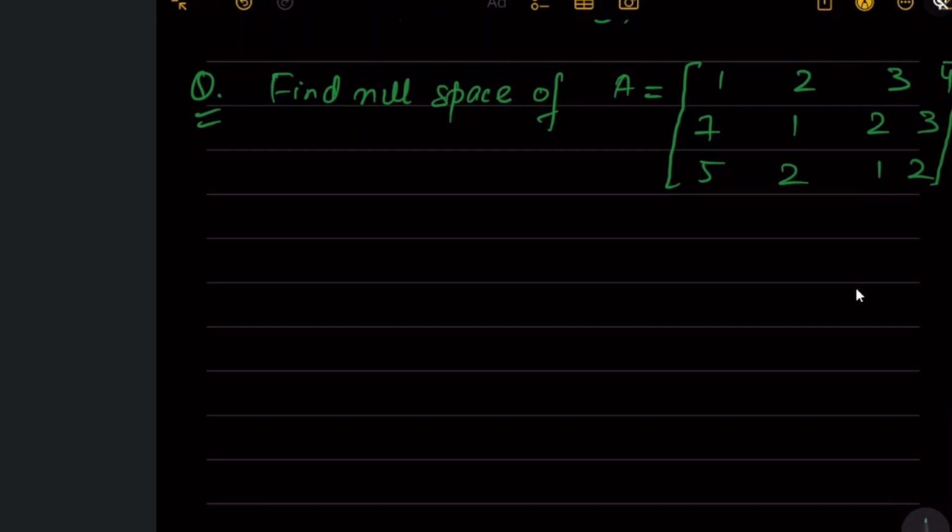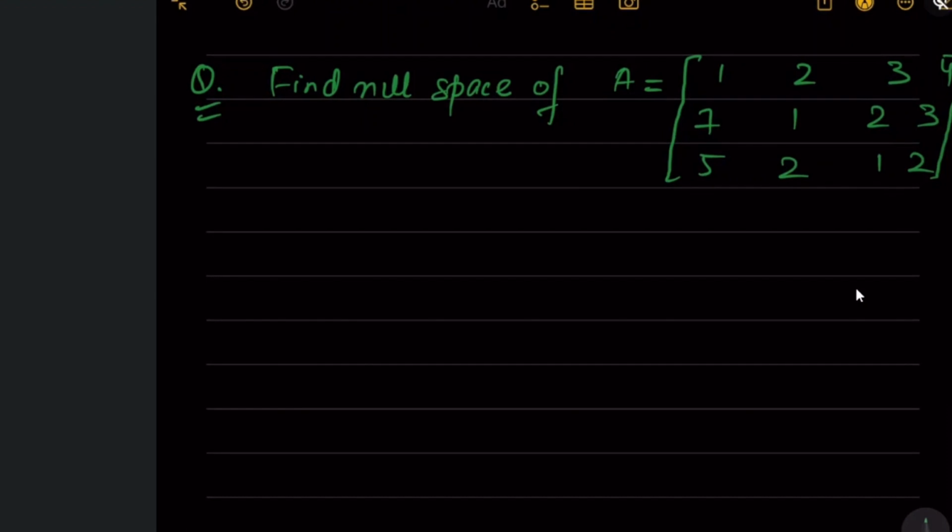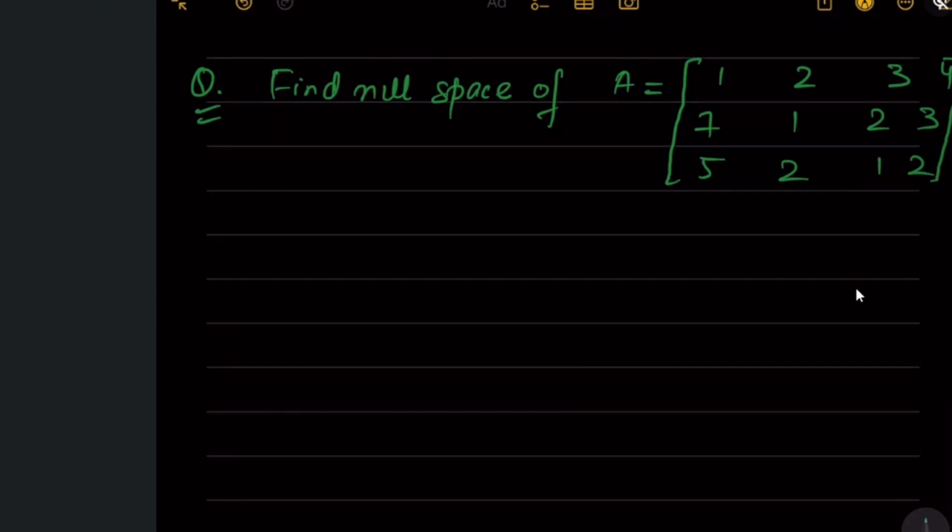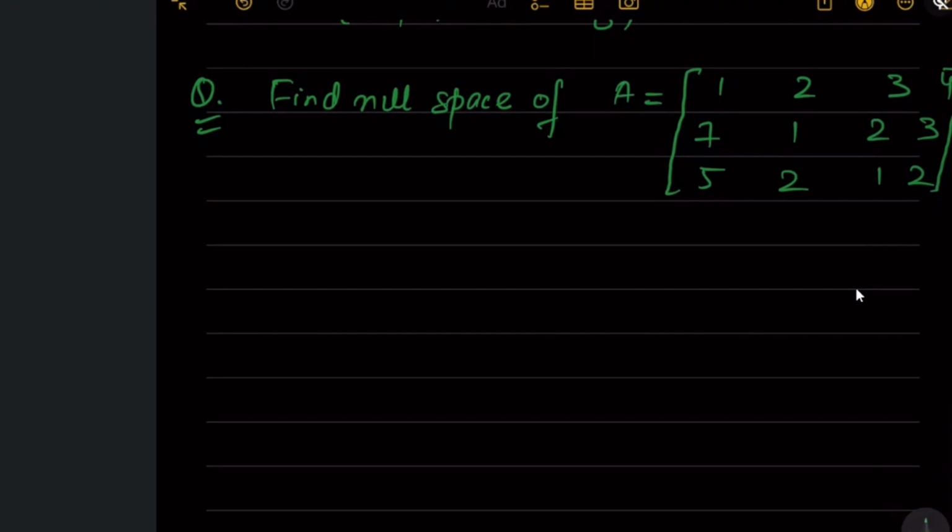Anyone has any clue? Dimension minus rank. No, that is nullity. Nullity tells you about the dimension of the null space. But that is not null space.